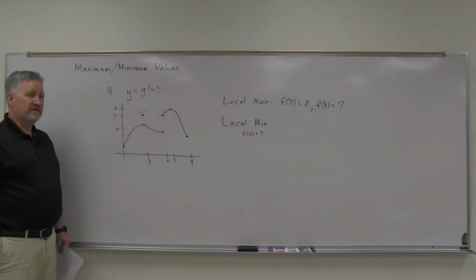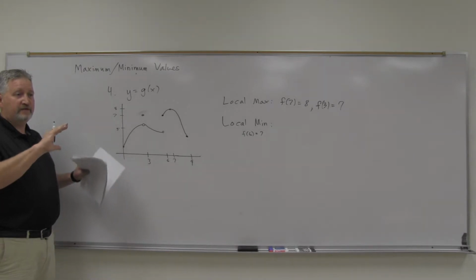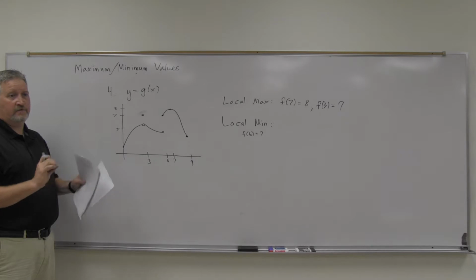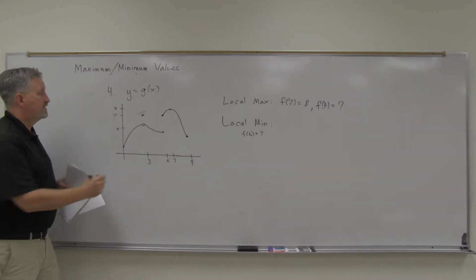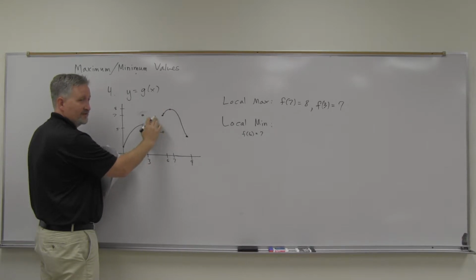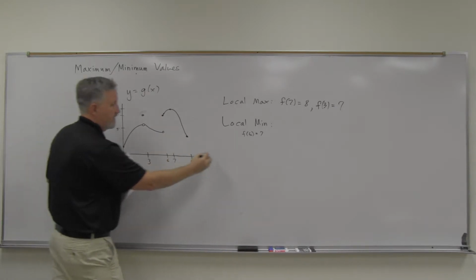However, is it a local min, though? To be a local min, the point has to be lower than all the other ones around it. Well, it's lower than these points, right? But is it lower on the other side? No. There are points lower than that one, aren't there? So that one can't be a local min.